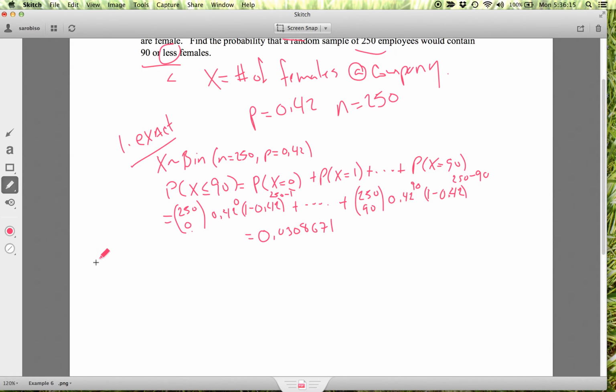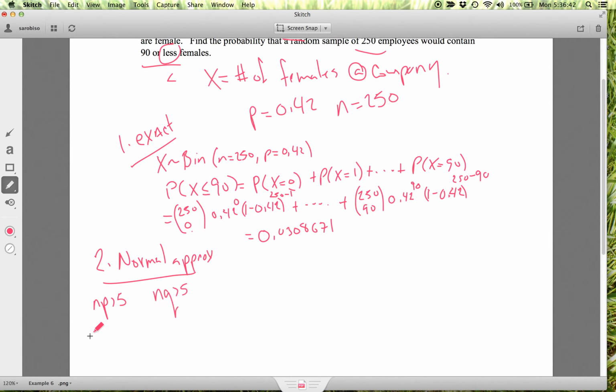Another option that you have here is to use the normal approximation. For the normal approximation, you want to check the assumptions that n times p is greater than 5, and also that n times q is greater than 5.